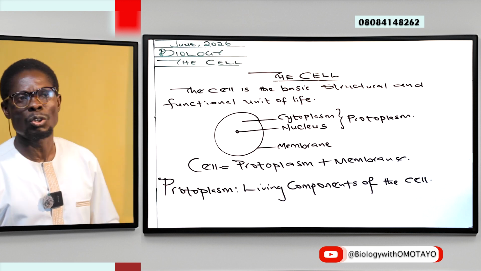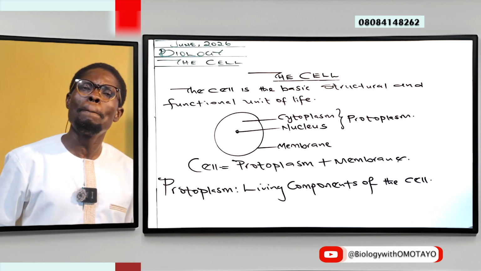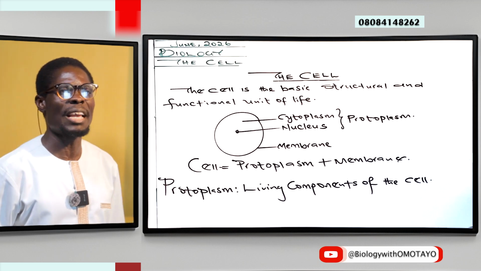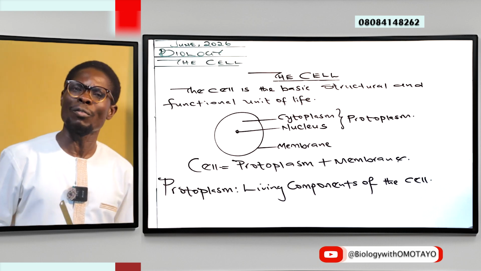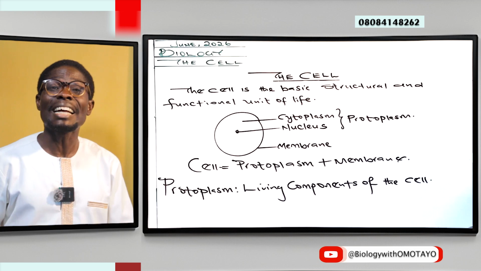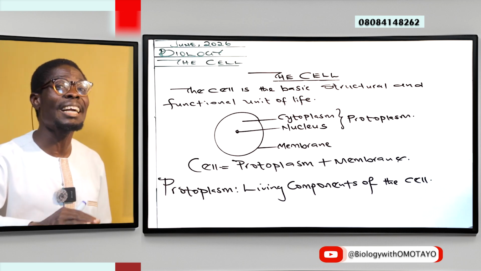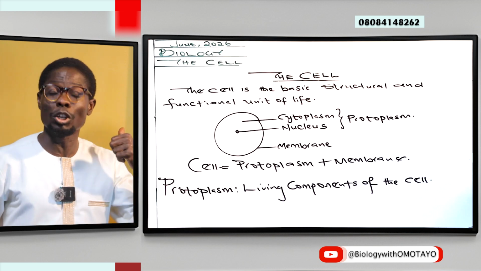Then the next question, why do we refer to the cell as the basic unit of life? Because the cell is the simplest form that can carry out the various characteristics of living things as we have identified much earlier.